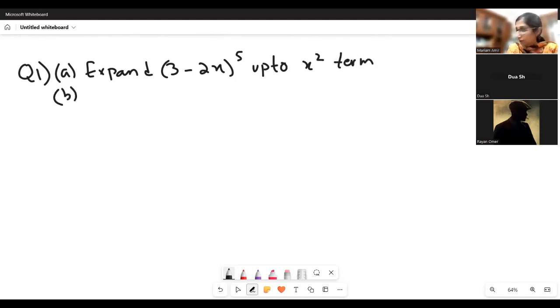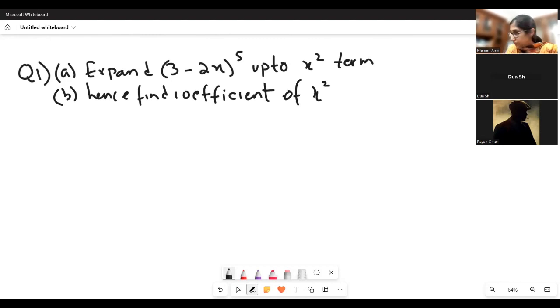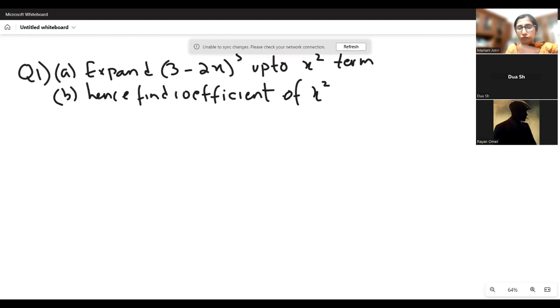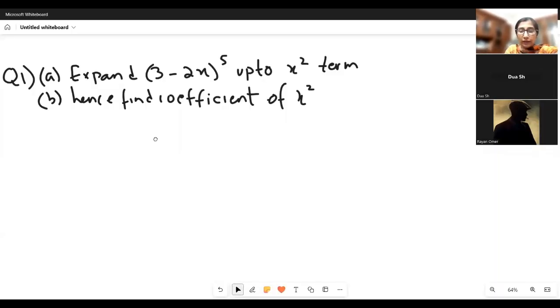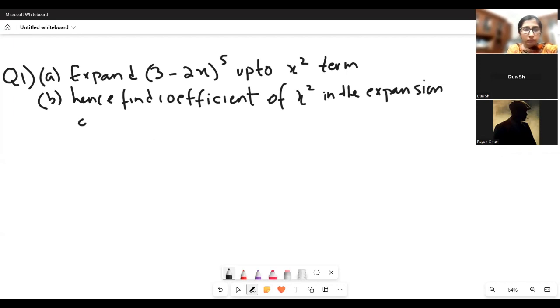And part B is hence find the coefficient of x squared in the expansion of (x + 5)(3 - 2x)^5.